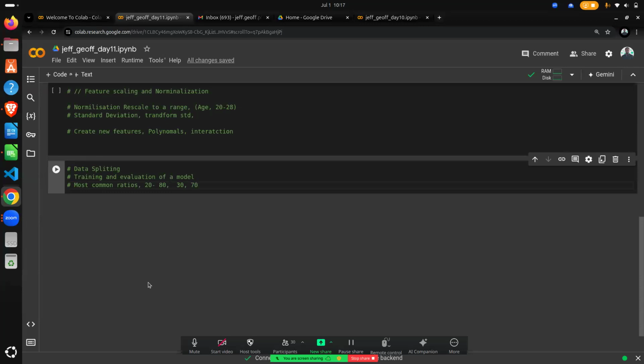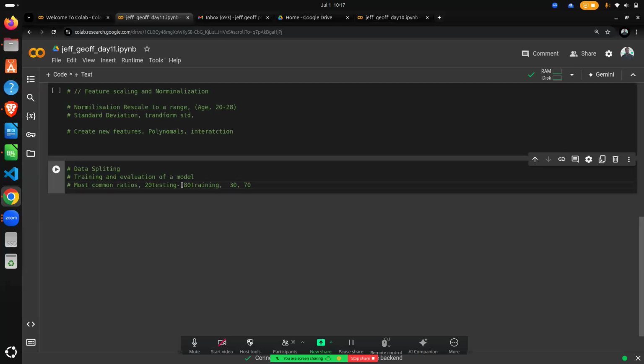Of course, you realize that the biggest percentage of your data is being used for training. This is for testing, and the biggest percentage is used for training. You train models on large data so that you can get the predictions.